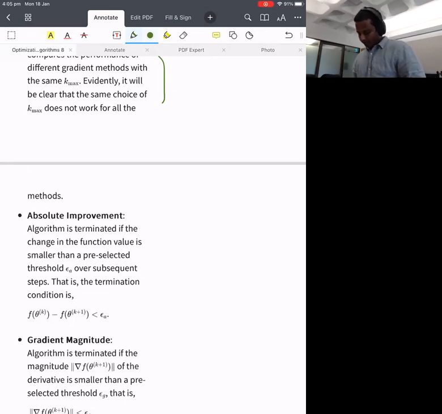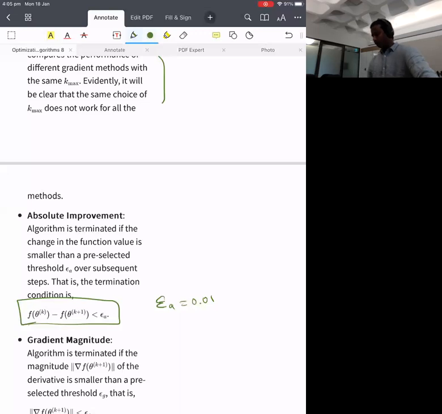It's exactly as the name suggests: the difference in the function value is insignificant. You take epsilon a, which is very small, say 0.1 or 0.001. Once the function value is not changing very much, then you stop the algorithm.